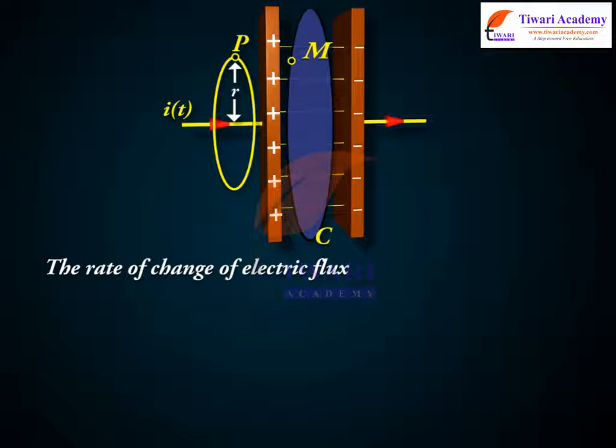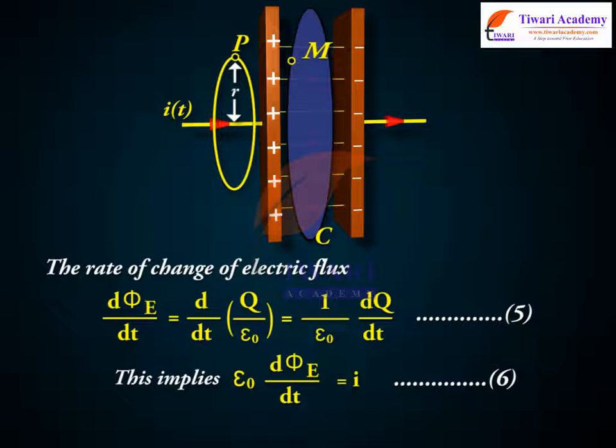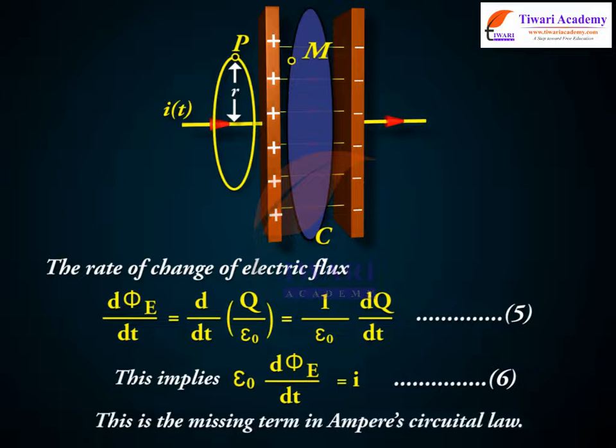The rate of change of electric flux d phi E by dt is equal to d by dt of q upon epsilon naught, which is equal to 1 upon epsilon naught dq upon dt, equation 5. This implies epsilon naught into d phi E by dt is equal to I. Equation 6. This is the missing term in Ampere's circuital law.